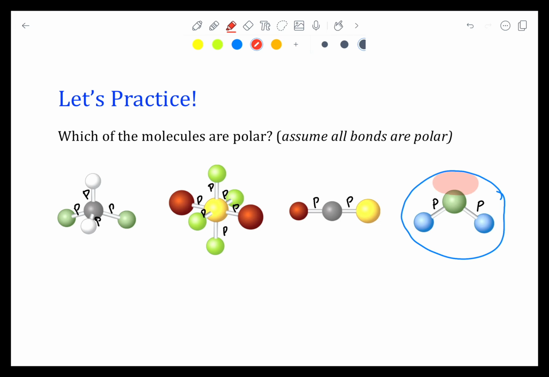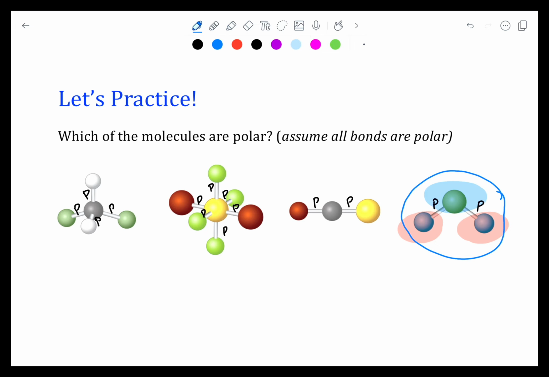So we know that we have some portion up here that the electrons are being pulled towards that's going to be more negative, and some portions that are going to be more positive. Now this could be reversed. This could be that the blue ones are more electronegative, so the electrons are being pulled this way, and that there's more of a positive on that central atom. But either way, it still shows that there's an unequal sharing of the electrons, creating a polar molecule.